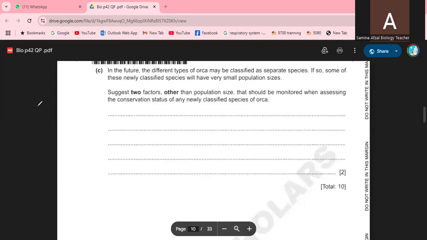The first factor is their geographical range.